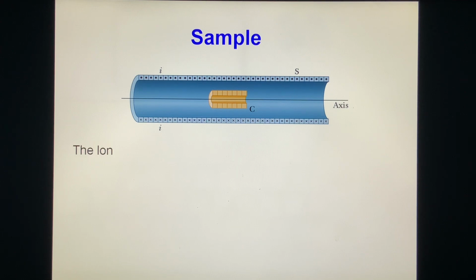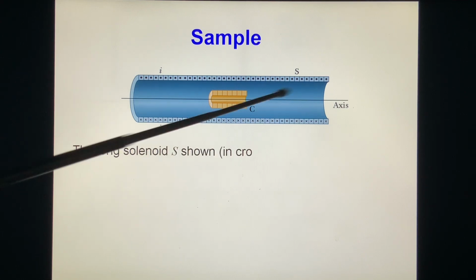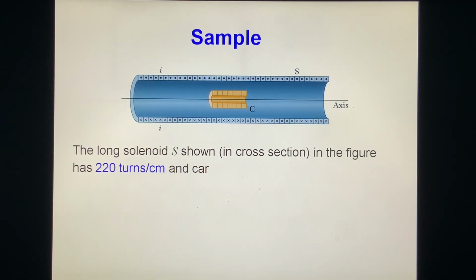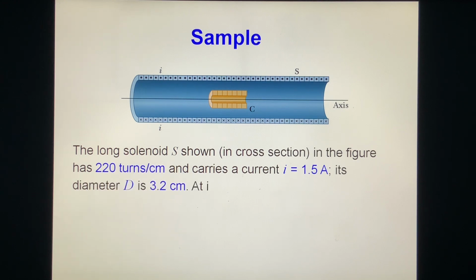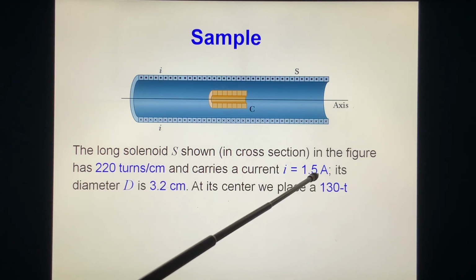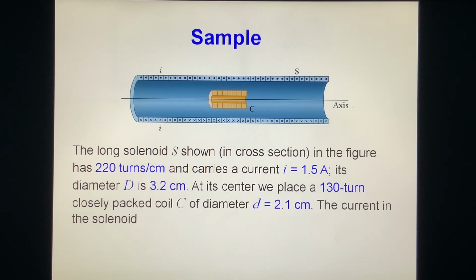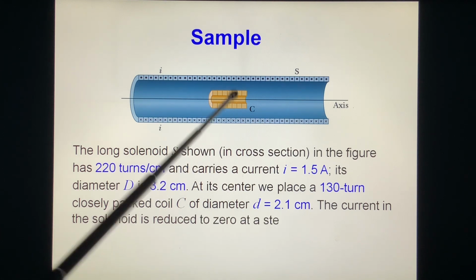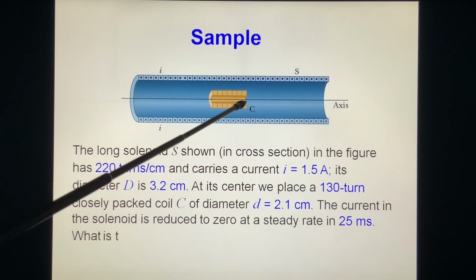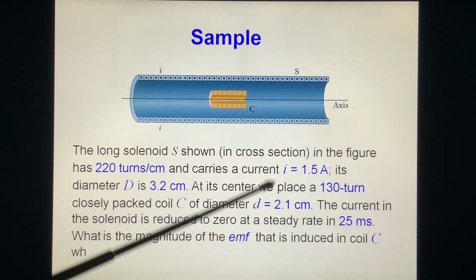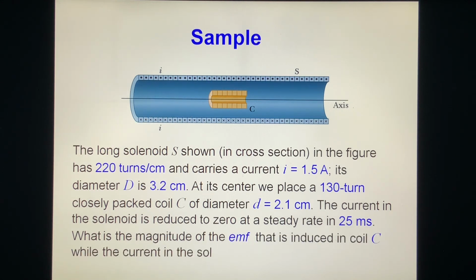Sample problem. The long solenoid S shown in cross section in the figure has 200 turns per centimeter and carries a current I of 1.5 amperes. Its diameter D is 3.2 centimeters. At its center, we place a 130-turn closely packed coil C of diameter d 2.1 centimeters.